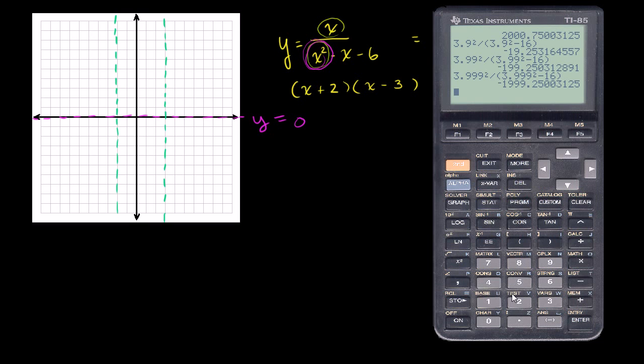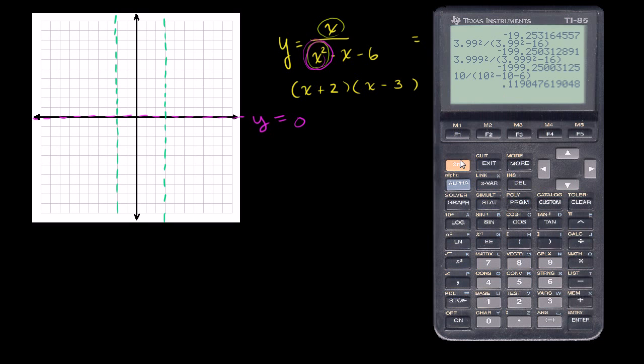So if we have 10 over 10 squared minus 10, let me put some parentheses there, and then put parentheses over here. You get a small number.